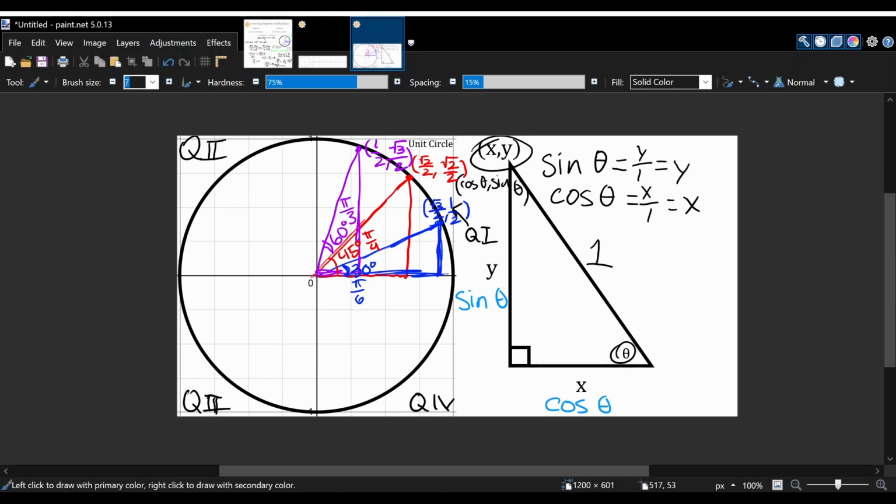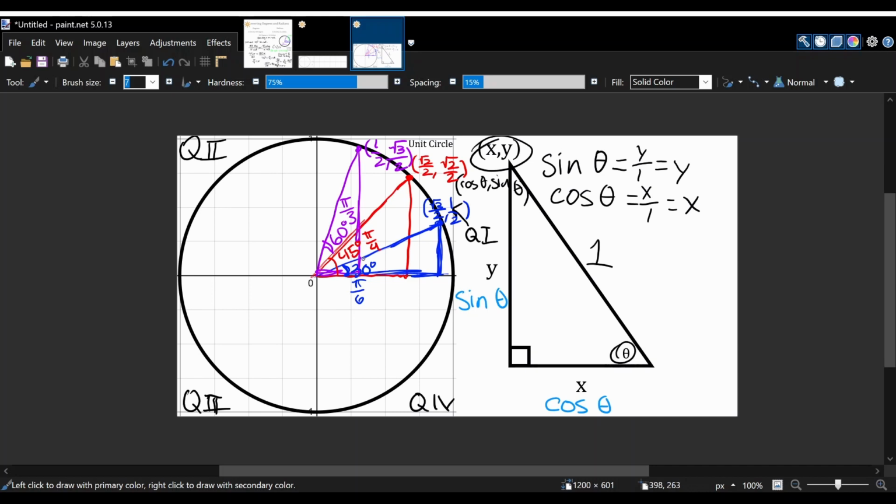So you might be wondering, why is this important? It's going to be important when we're graphing sine of x and cosine of x, because, like I just mentioned earlier, sine of theta is equal to y, and cosine of theta is equal to x.